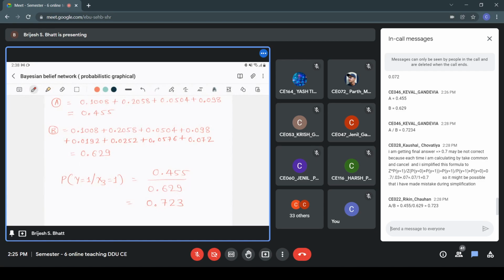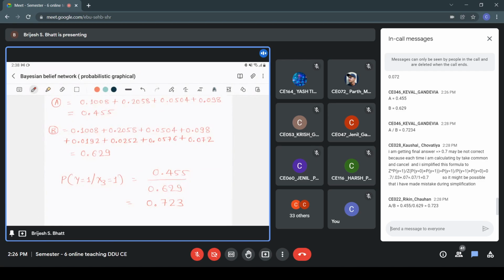Okay, Kaushal is saying that I am getting final answer greater than 0.7. Maybe not correct because each time I am calculating by taking common terms and simplifying this formula, so it might be possible that I will make a mistake during simplification. But I think Kaushal, we are also getting 0.7234.